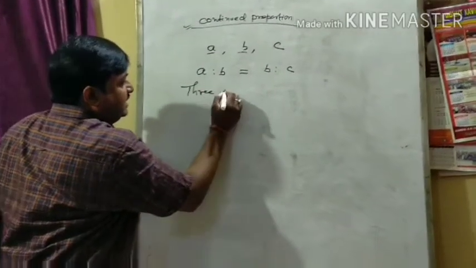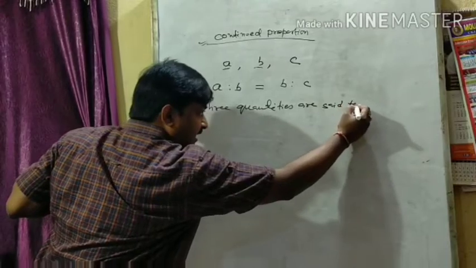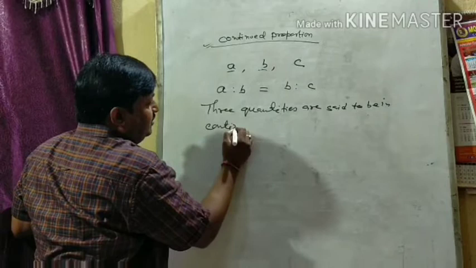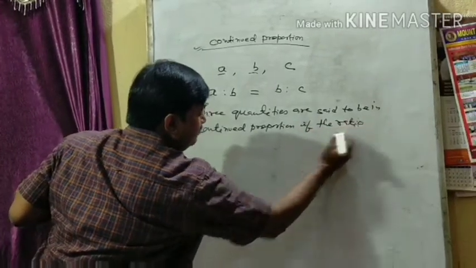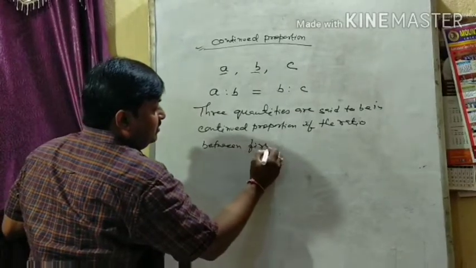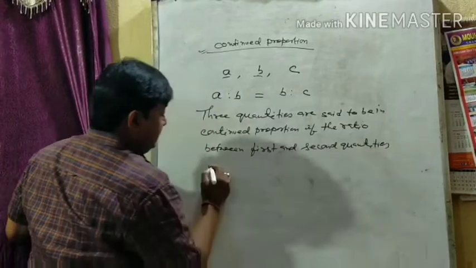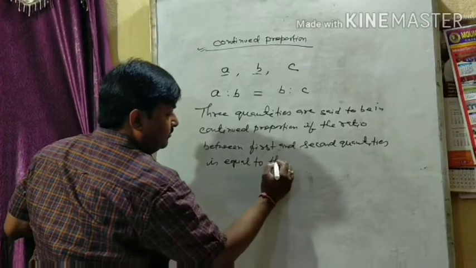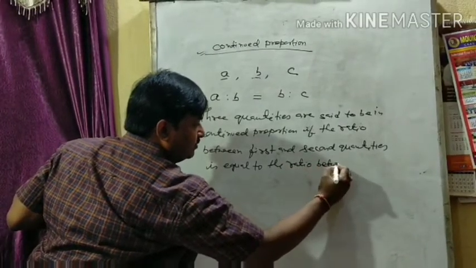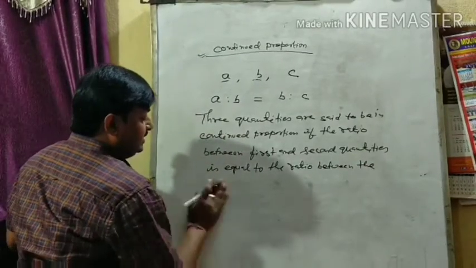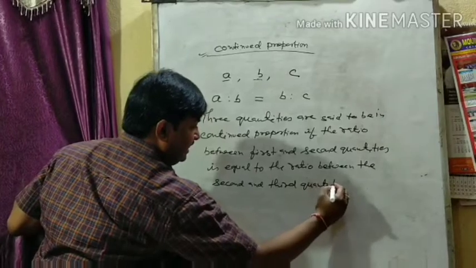Okay, so therefore three quantities are said to be in continued proportion if the ratio between first and second quantities is equal to the ratio between the second and third quantities.